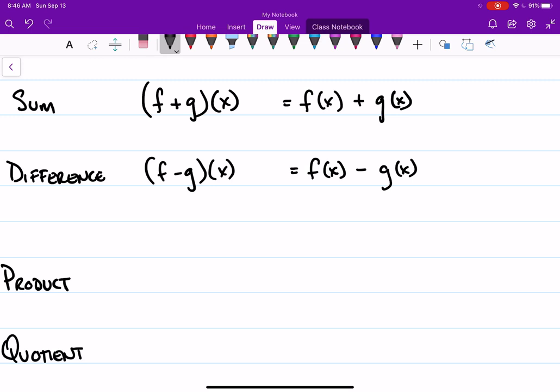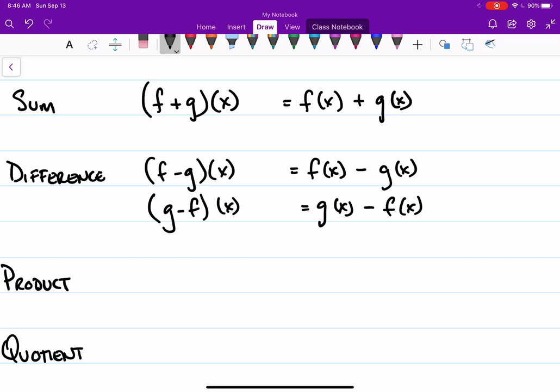It's going to stay in order, so in case you see g first, then that means you have to find g of x first, then f of x, and subtract in that order.